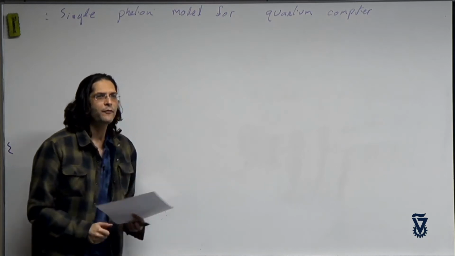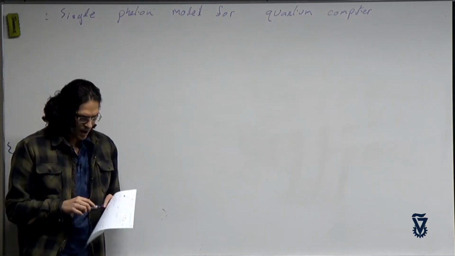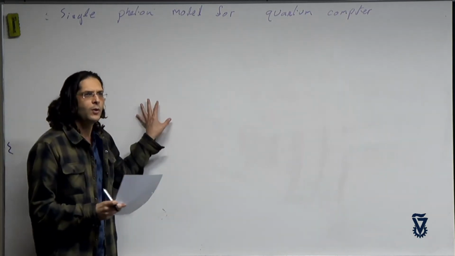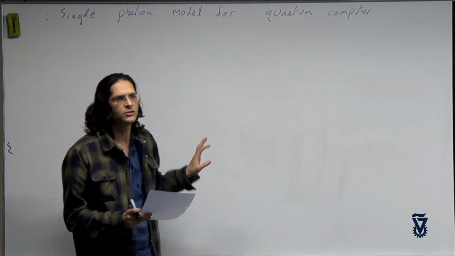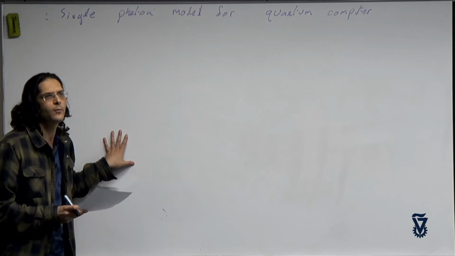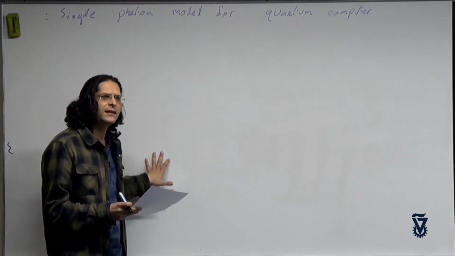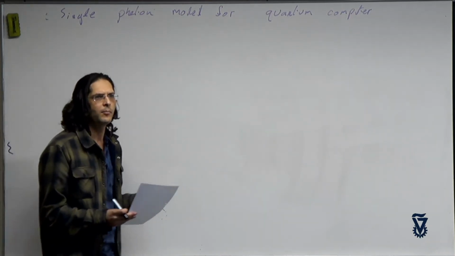When people talk about photonic quantum computers today, this is not what they're talking about. They're talking about more advanced ideas, and you're going to realize when we go through this model why. Because this model has many problems which are just too difficult to overcome, and we're going to understand those. And at the end, I'll mention a little bit about what these more advanced models are.